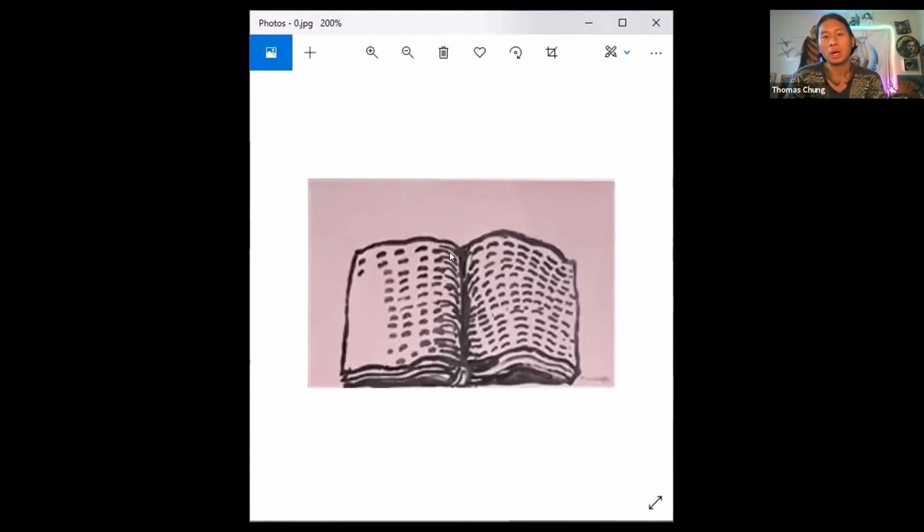Balance refers to the visual weight of your drawing, the perception of the weight. So if you have, say, a large drawing of an anvil sitting on the top of your drawing, the visual weight will be up at the top if there's nothing else in the drawing, or if what else is there is drawn very light.